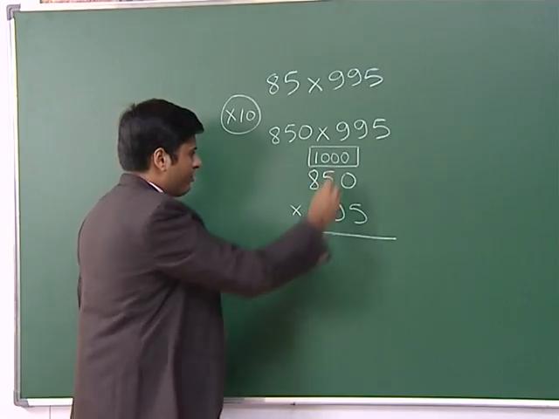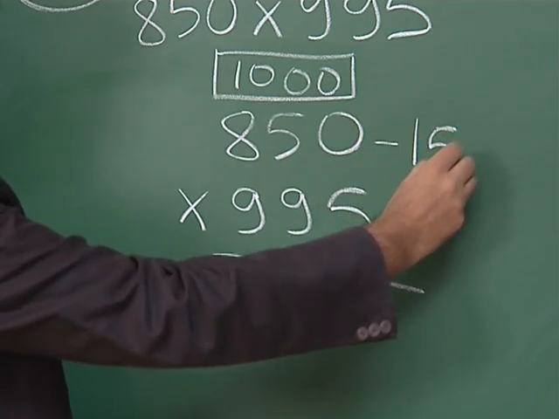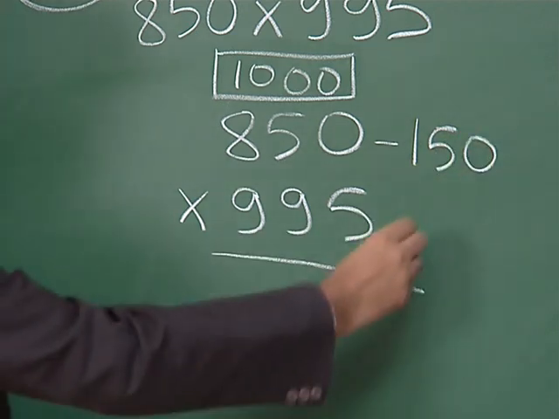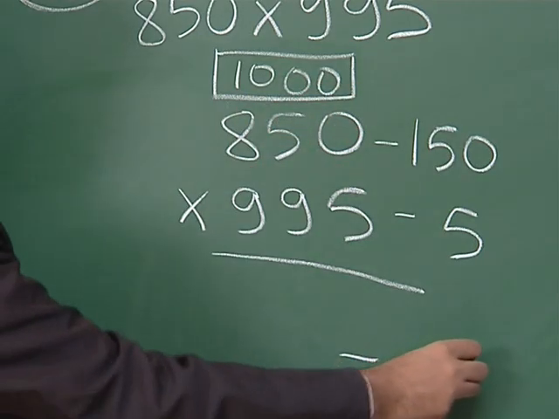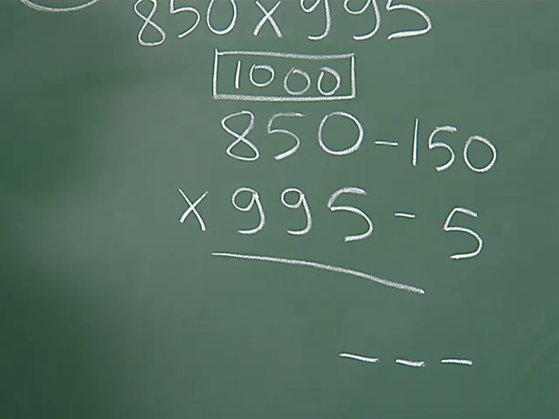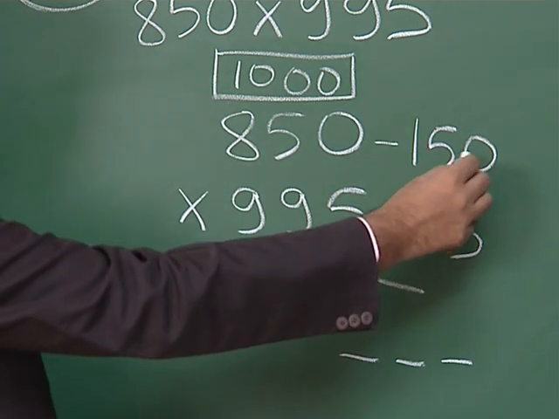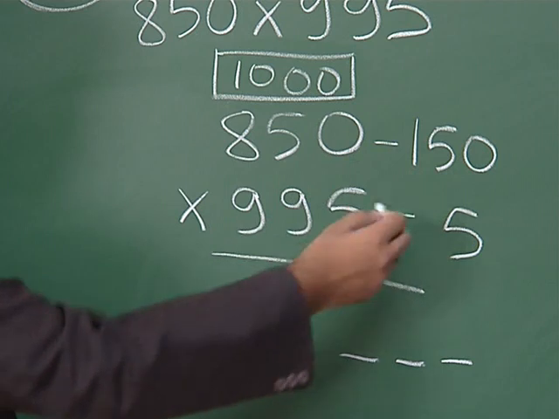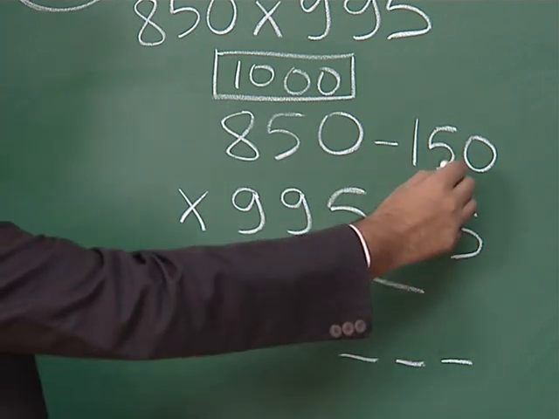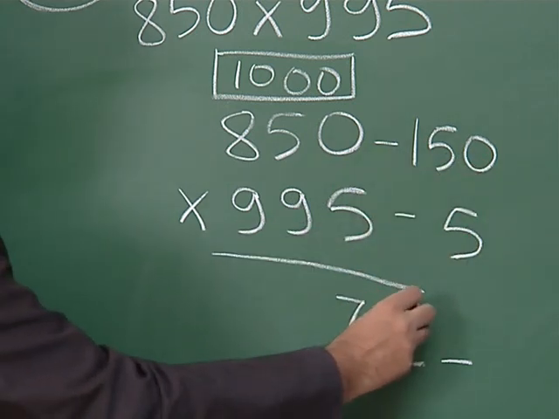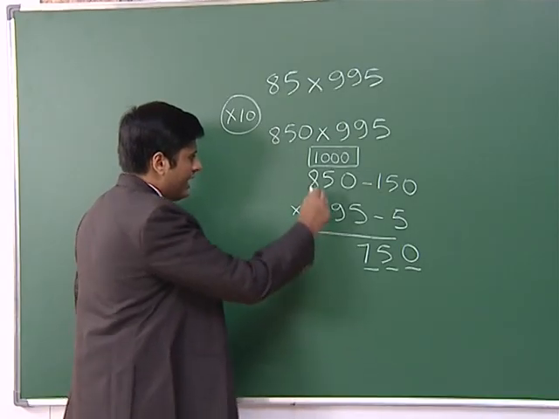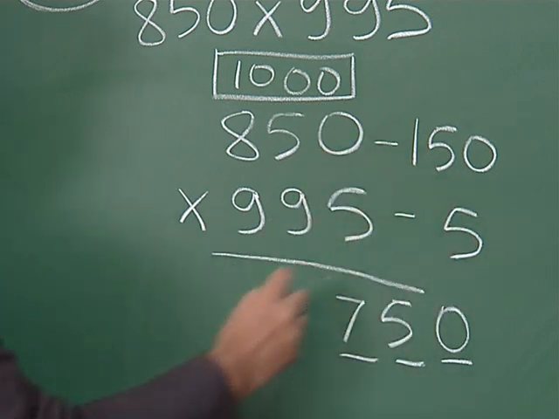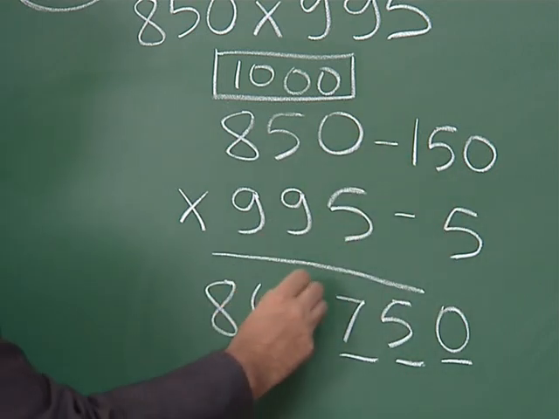Next, difference here is 150 and the difference here is 5. Next, we see 3 zeros in 1000, so right part will have 3 digits. When we multiply 150 by 5, minus minus will become plus, as we know that. 150 times 5 is 750. And then I take the cross, 850 minus 5 becomes 845.